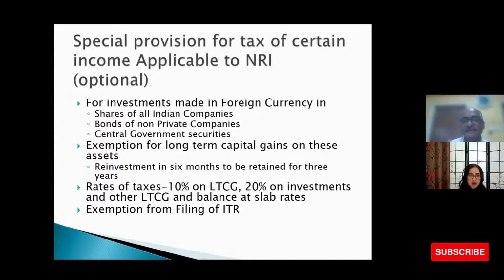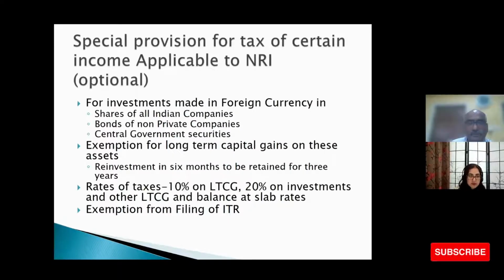So you keep on circulating your investment from one company to another. This is the crux of the scheme, since it extends the benefit of exemption if you reinvest the sale proceeds, and gradually you can grow your capital without having to pay any tax in India.